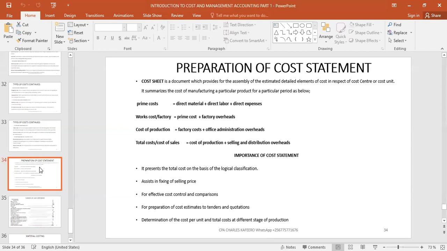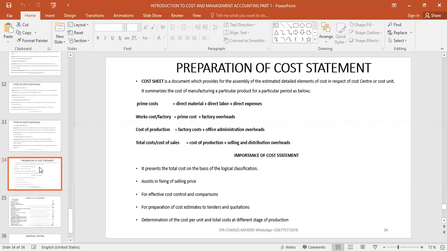So let's look at the importance of a cost statement. Why do we need to prepare a cost statement? This cost statement, first of all, presents the total cost on the basis of the logical classification. We classify the costs, we sum them up to get the total costs we've incurred in both the production and the non-production activities.